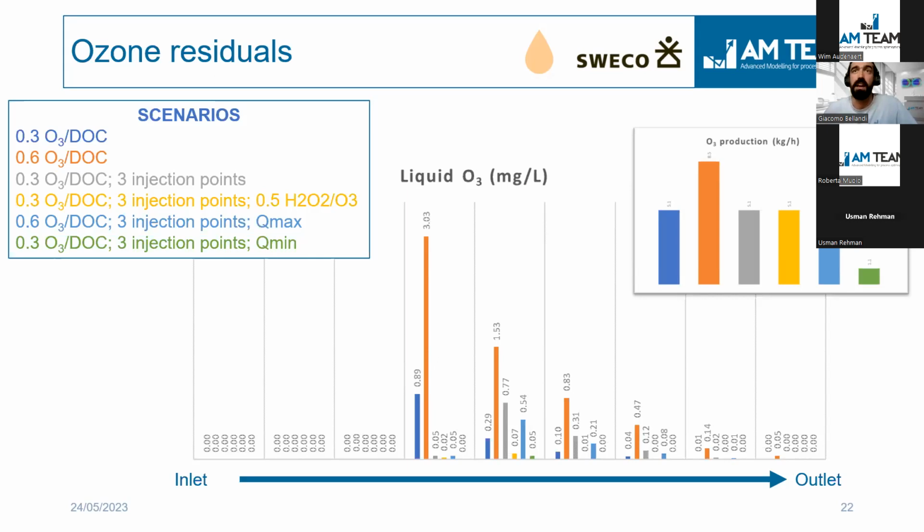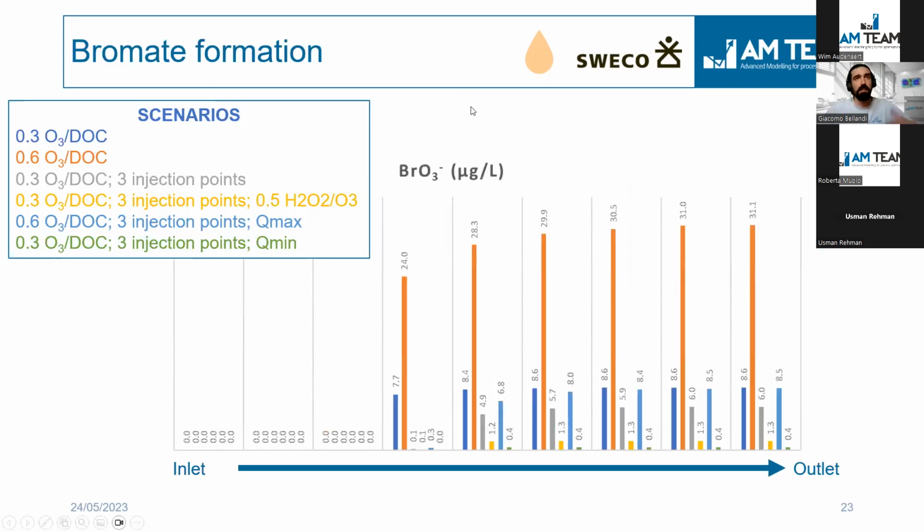in the liquid. Another interesting point, in terms of assessing the size of the generator, is that an initial assessment also establishes the size of the generator that we would need for such a control strategy. Beside this, we also look at what happens in terms of bromate and micropollutants removal.